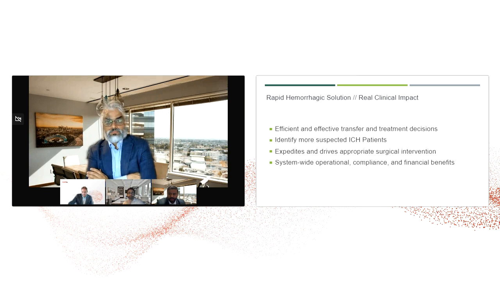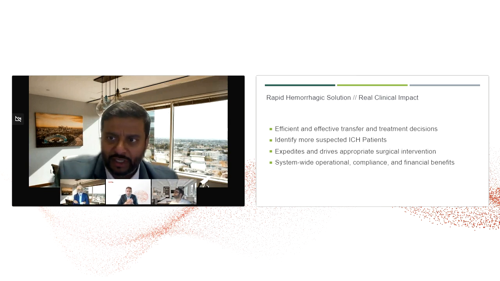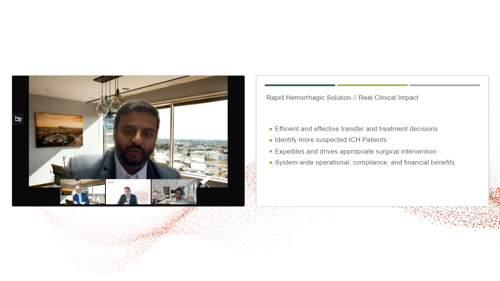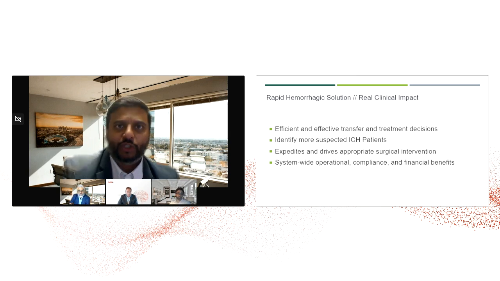I think the challenging side is not even on the implementation of the tool, and I think all my colleagues are talking about this. It's really how do we incorporate that in our clinical decision making, in our workflows. So there has to be some flexibility and adaptability. We shouldn't be doing things the way we were doing them manually, right?